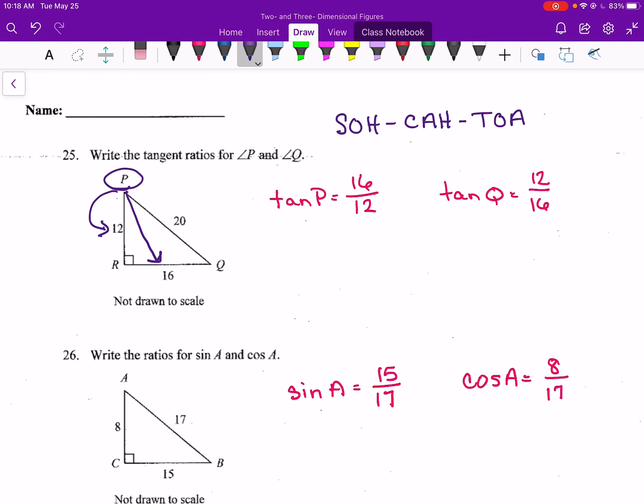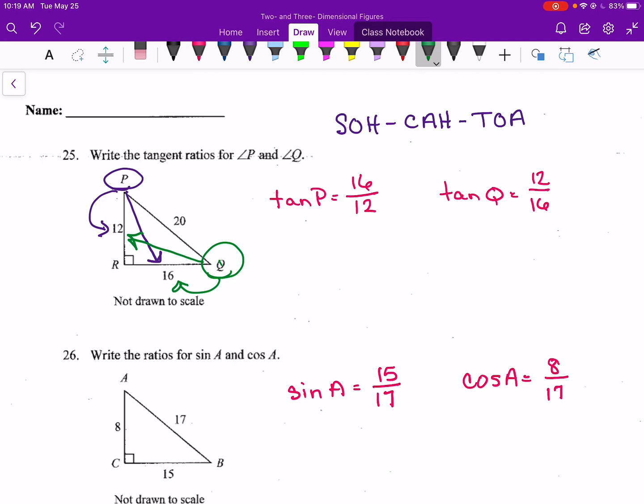So tangent of P is 16 over 12. And then for angle Q, opposite is 12, and adjacent is 16. So 12 over 16. Remember, neither one of these uses the 20 because the 20 is the hypotenuse.